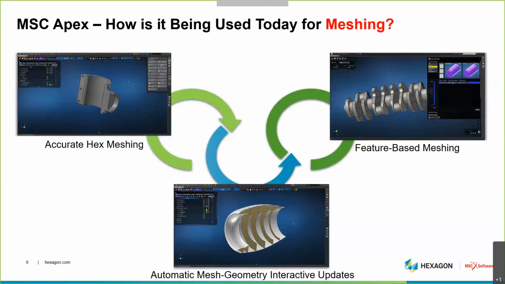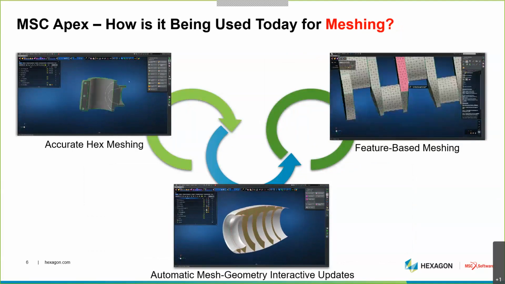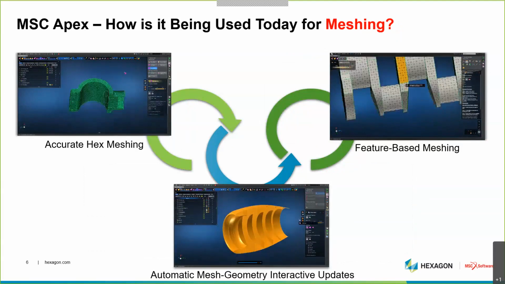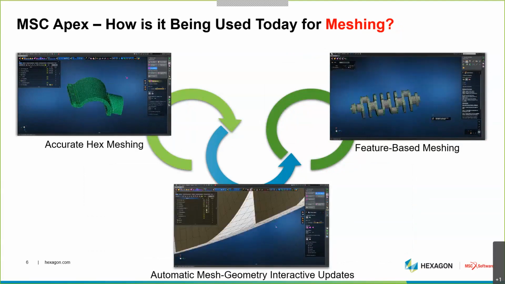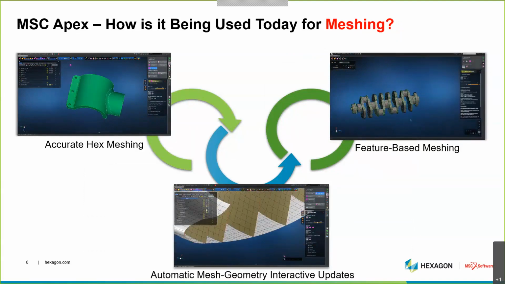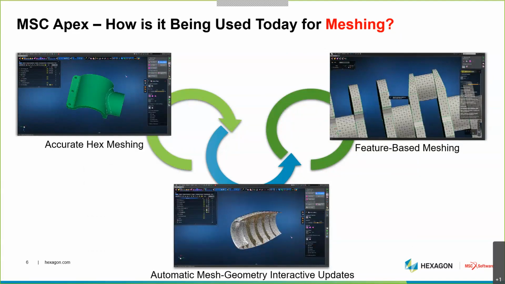Now, category number 2 is how is Apex being used today for meshing? Well, we're very proud of all the meshing algorithms that go into Apex, and this release actually has some nice improvements regarding our meshing algorithms for both shell meshing and tetrahedral meshing.